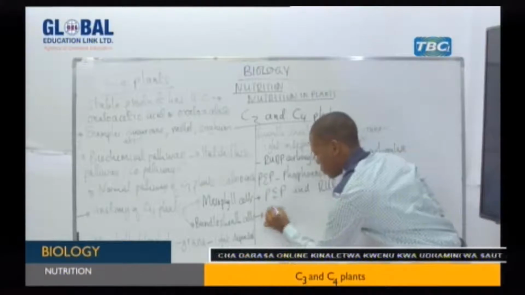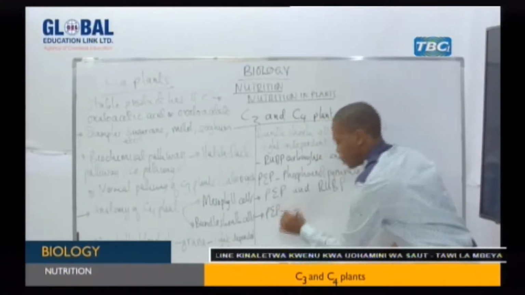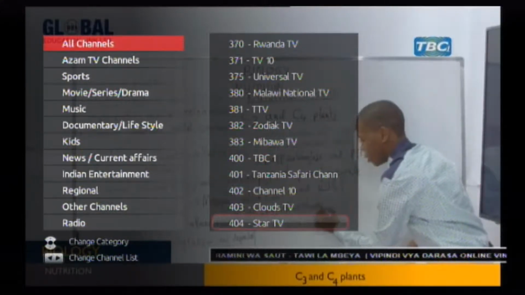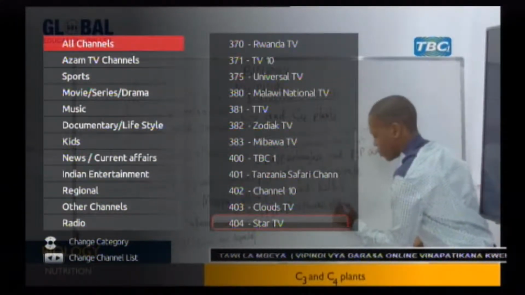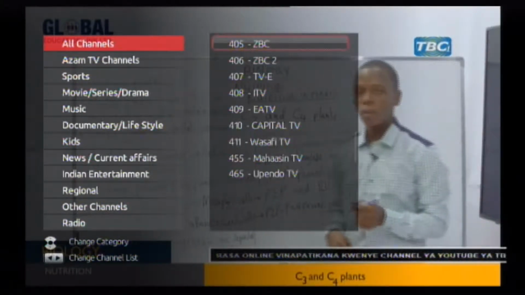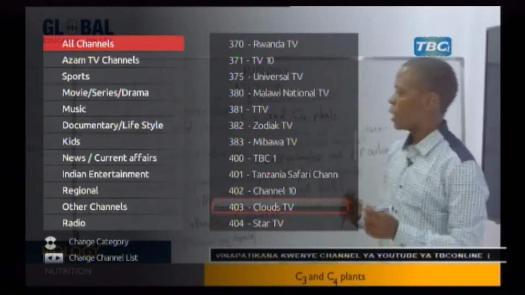This PEP, carbon dioxide acceptor, is known as phosphoenol pyruvate.